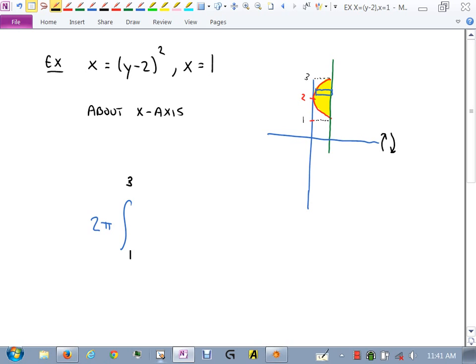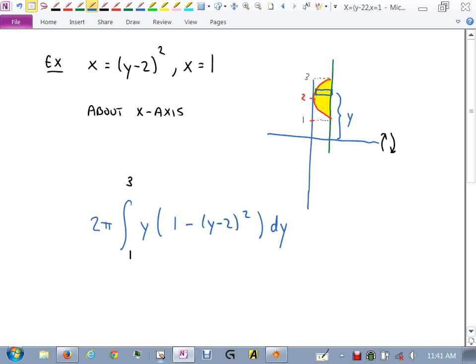But now the radius, the distance from your rectangle to the axis of rotation, is no longer your x-coordinate. It is now your y-coordinate of your rectangle. So that's going to be y. And then instead of top minus bottom, it's going to be right minus left. So you have 1 minus (y minus 2) squared dy.